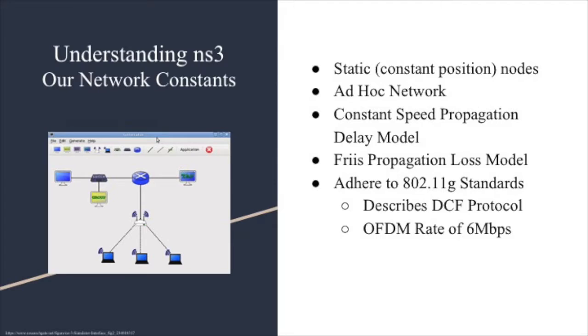In NS3, this is implemented through a class known as the constant position mobility model, and it is pretty aptly named. It is a model that allows you to specify a position as a 3D vector, as in specify the x, y, and z coordinates, and then those positions will be set until they get changed in future experiments.